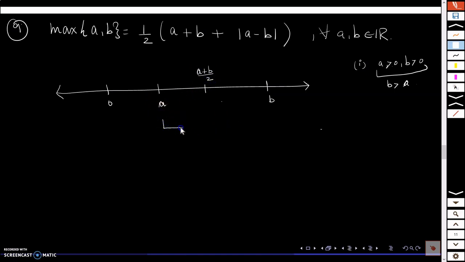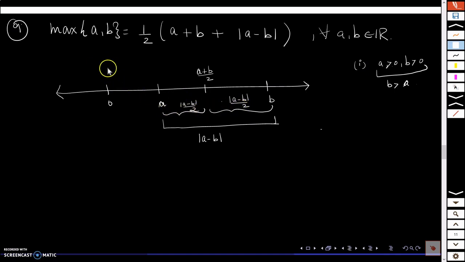And this total distance between a and b is modulus of a minus b, so this half distance will be exactly half of this, and the remaining will again be exactly half of this. So this will be mod a minus b by 2, and again this half is going to be mod a minus b by 2, right?